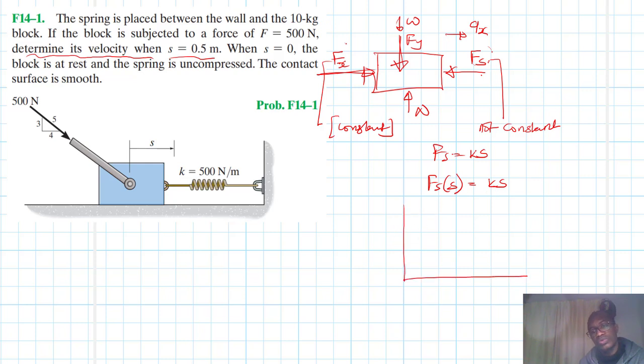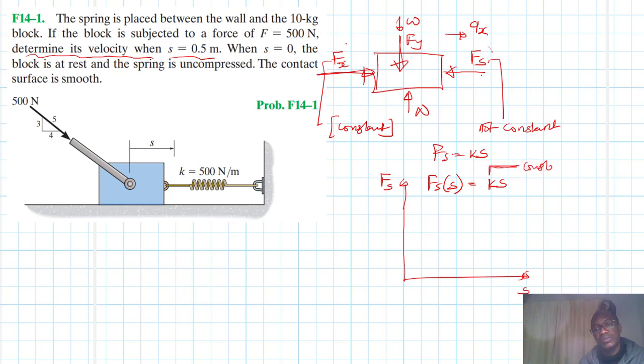So if we are to draw a graph for Fs, with Fs on one axis and S on the other, at S equal to 0, Fs is K times S, where K is the proportionality constant.